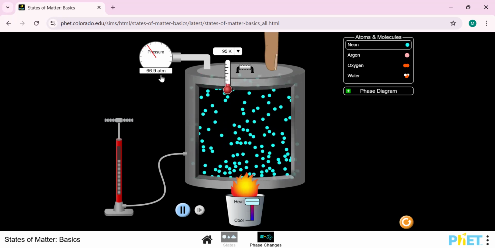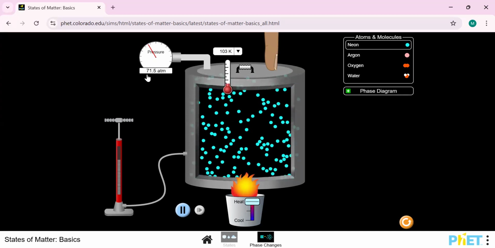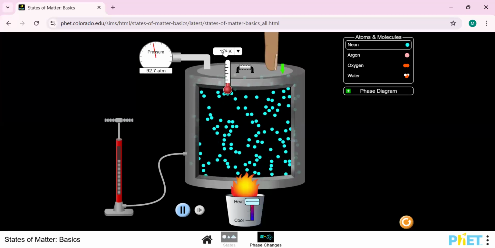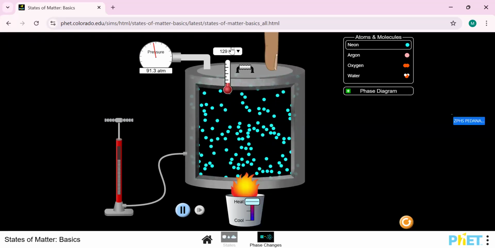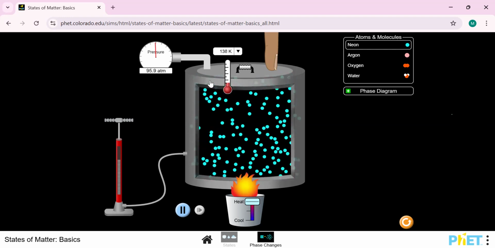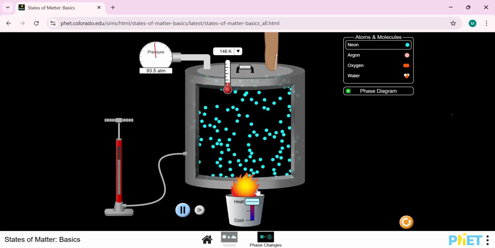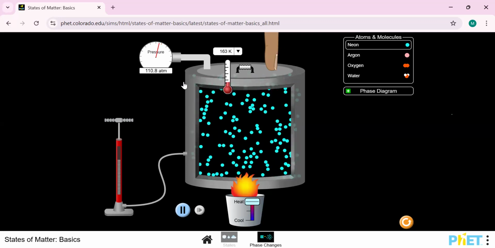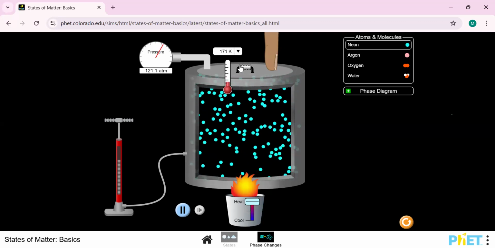So 67, 69, 83. So 123 Kelvin. The temperature is increased. When I heat this vessel, the temperature increases, and the pressure also increases.